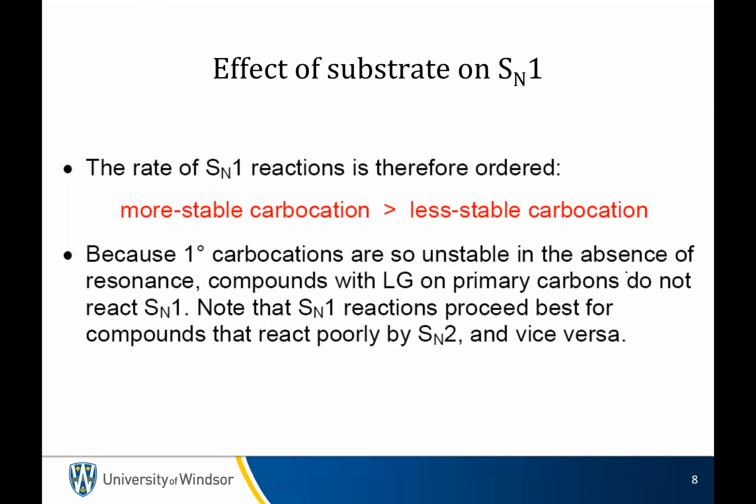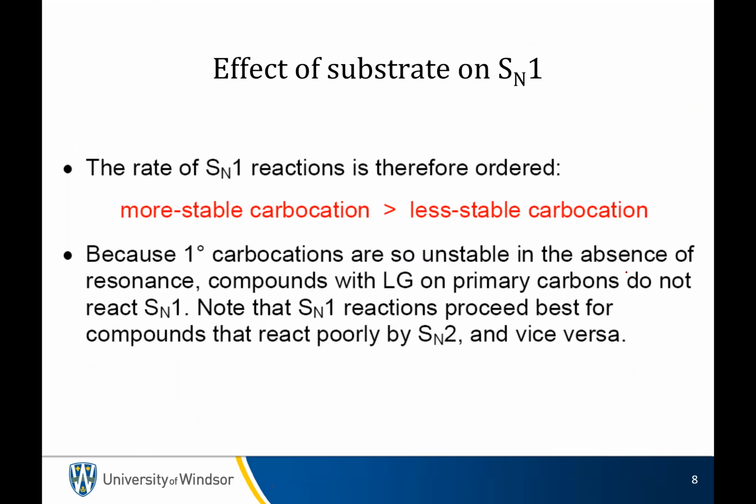So the rate of SN1 reactions is determined by how stable the carbocation is. I don't know if there's any other way to write this. Primary carbocations are so unstable that if you don't have resonance, you don't have a chance of getting an SN1 reaction.